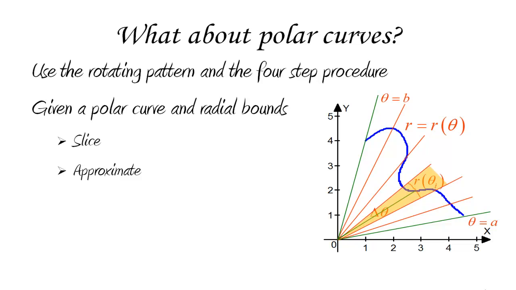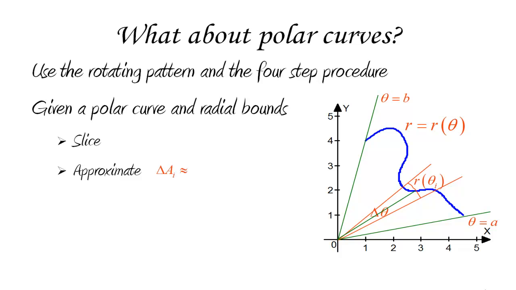Now we can draw a circular sector corresponding to this particular radius, and we're going to forget about the rest of the slices and focus on this one. We know what the area of a circular sector is. You may remember that we computed that in class when we talked about the area problem.